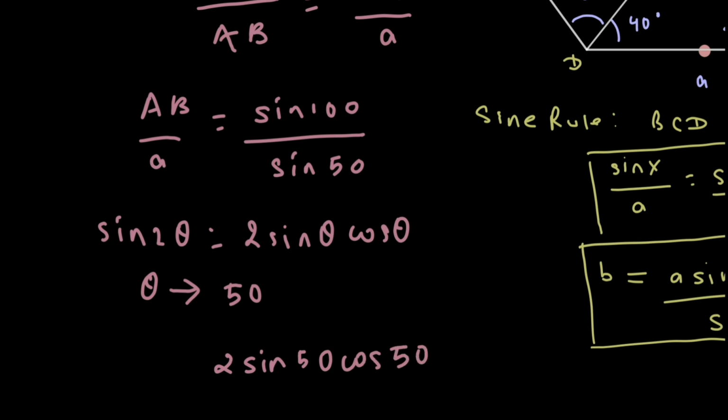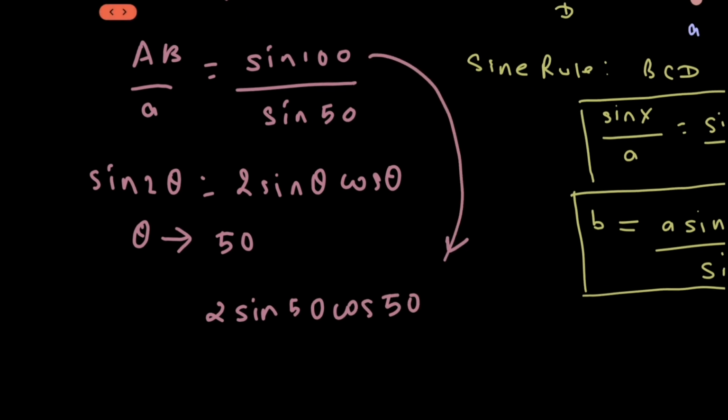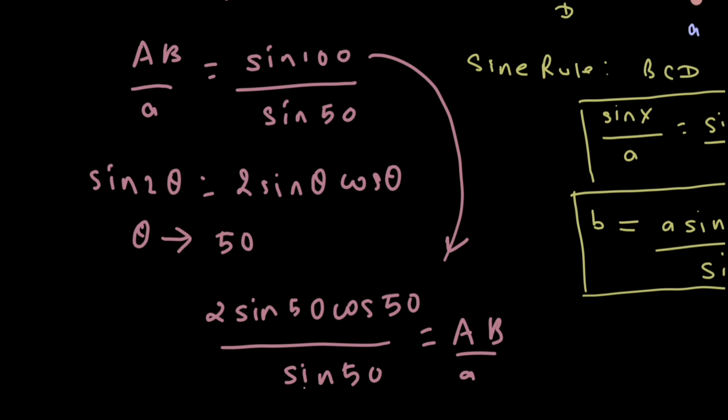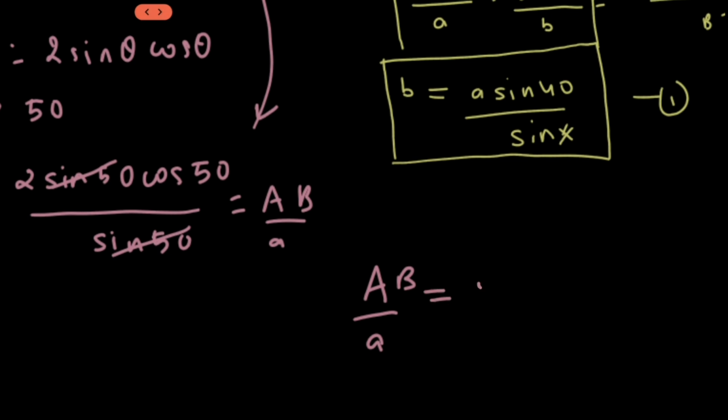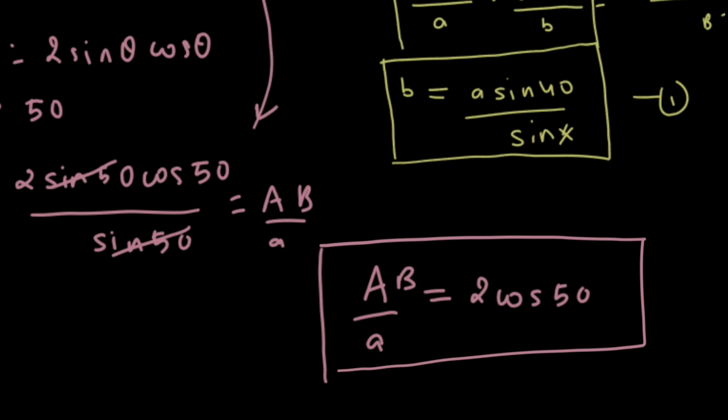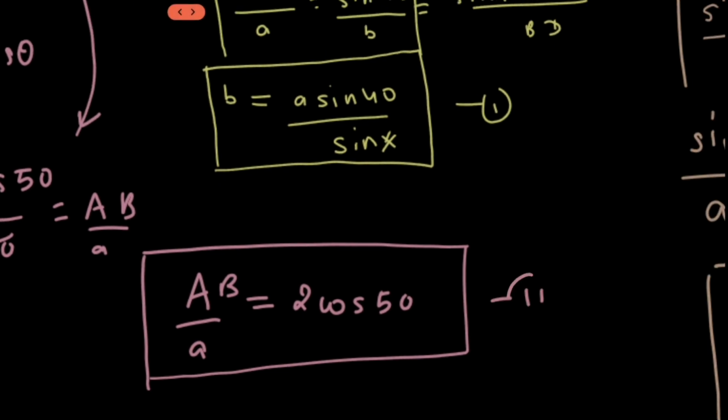So I can replace sine 100 with this. In the denominator, sine of 50 degrees as it is, and this equals AB upon A. Now sine 50 gets cancelled out. We finally get the value of AB upon A from this equation, that is 2 times cos of 50 degrees. So here we have our equation number 3, AB upon A equals 2 times cos 50 degrees.